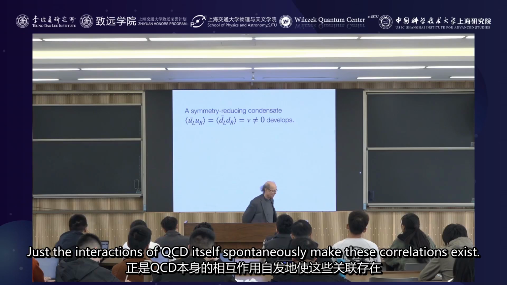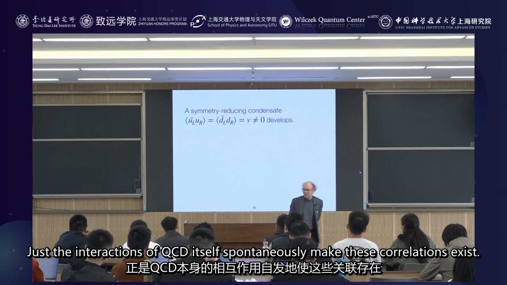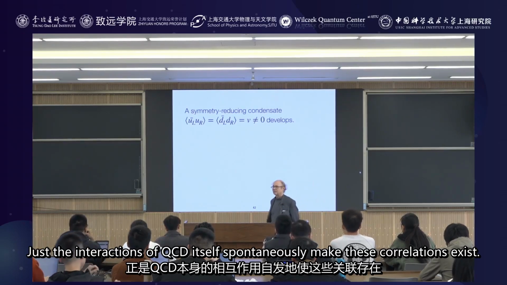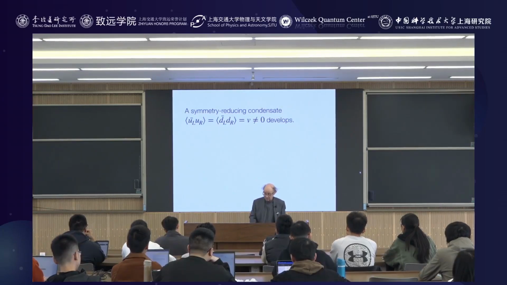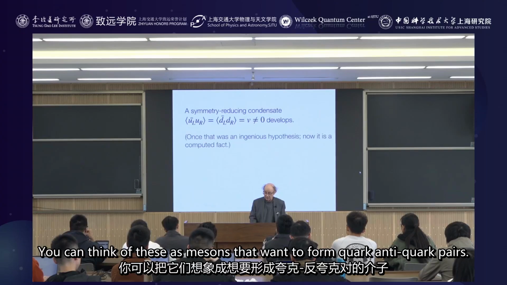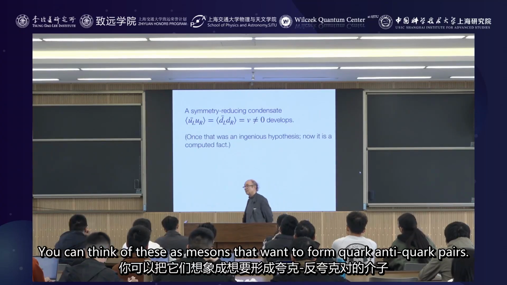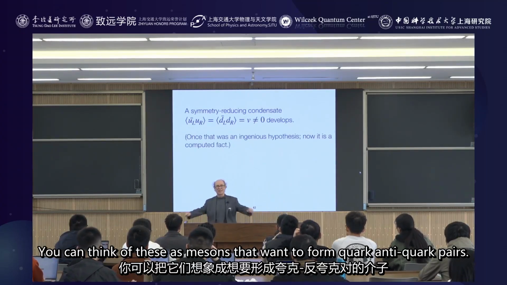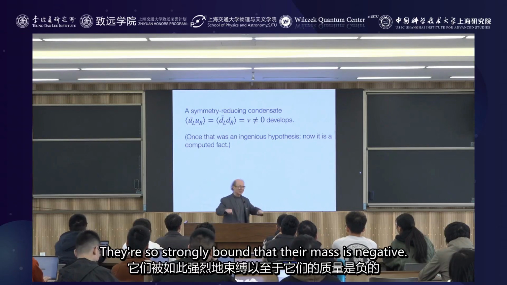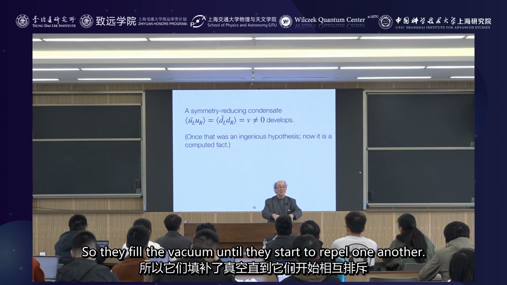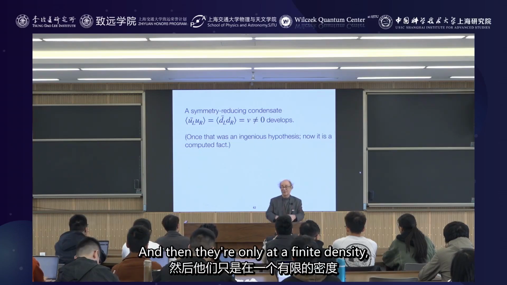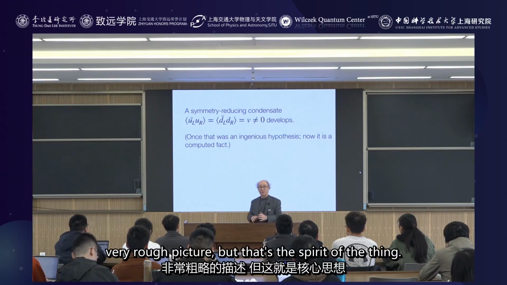Just the interactions of QCD itself spontaneously make these correlations exist. So you can think of these as mesons that want to form, so quark-antiquark pairs, and they're so strongly bound that their mass is negative, so they fill the vacuum until they start to repel one another, and then they form only at a finite density. Very rough picture, but that's the spirit of the thing.